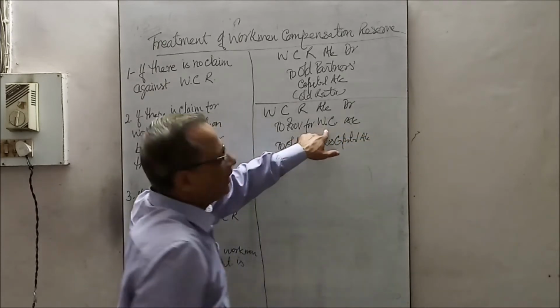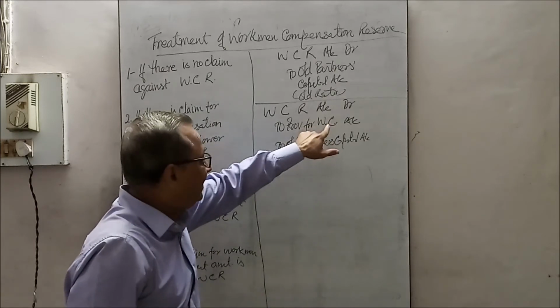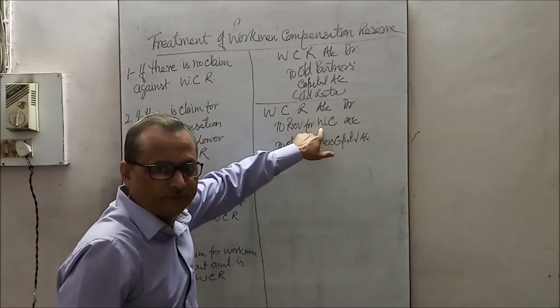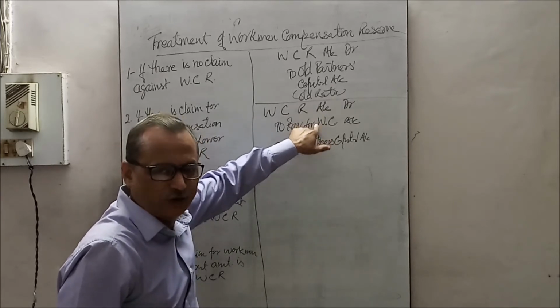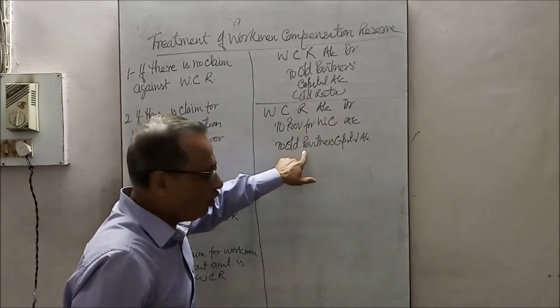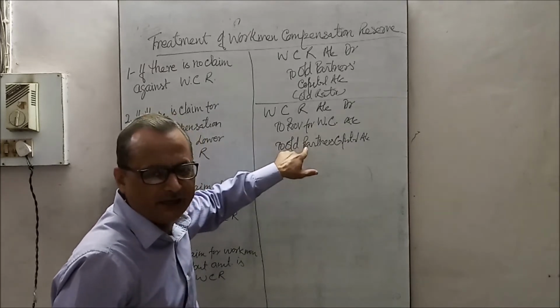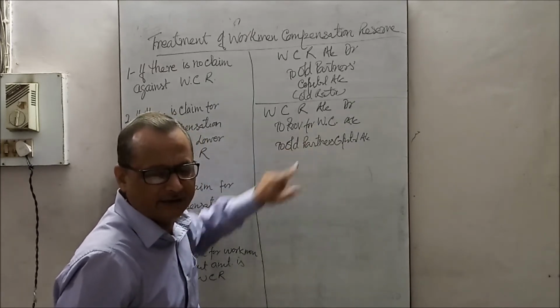That is, provision for workmen compensation is for the amount to be claimed, and that amount which has not been claimed should be distributed to the old partners.